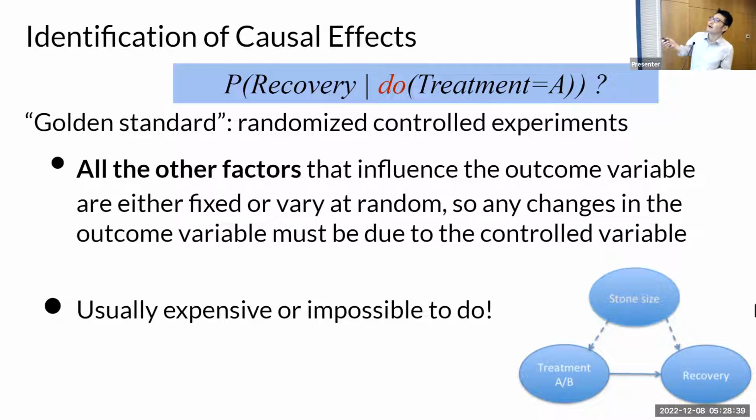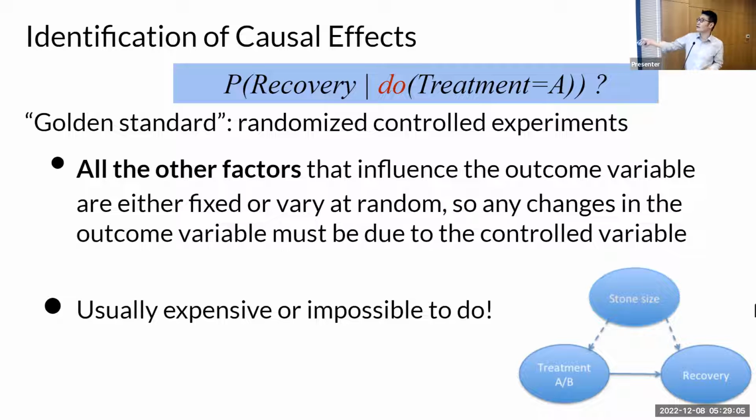The standard way to find this causal effect is to use randomized controlled experiments, right? You have two groups. Across the two groups, you have to guarantee one thing: all the remaining features relevant to recovery should have either the same value or the same distribution. In one group, I can just use treatment A, in the other I use B. In some situations, we have a control group and a treatment group.